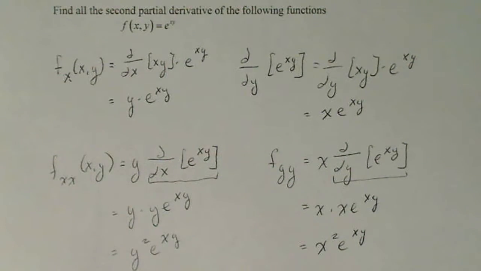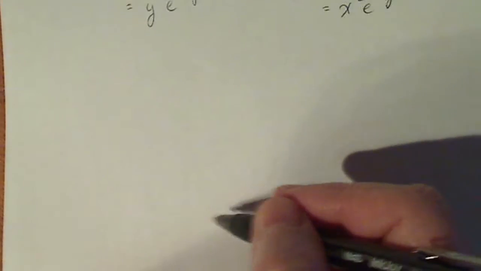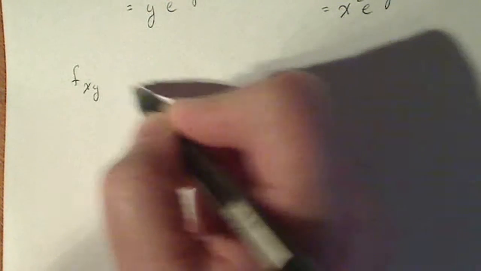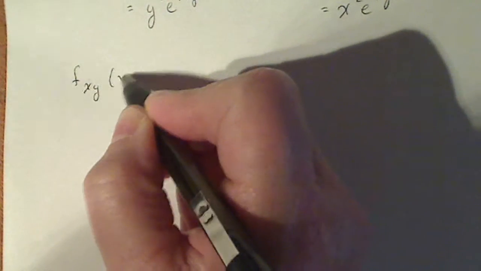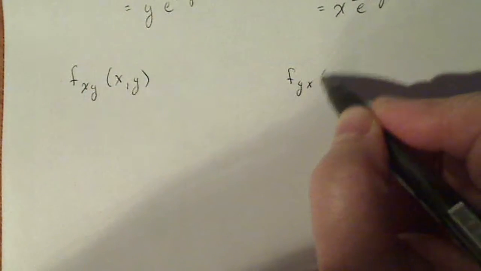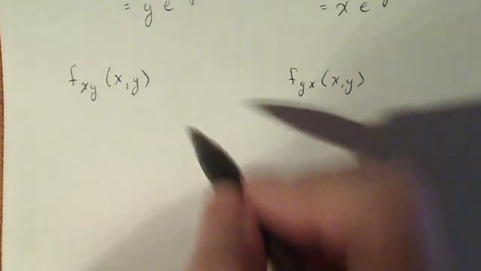Now there's one more that I have to do. So I want to do f sub xy. Now I know that there's f sub xy and f sub yx as well, but we know that those two are equal, so I just have to do one of them.